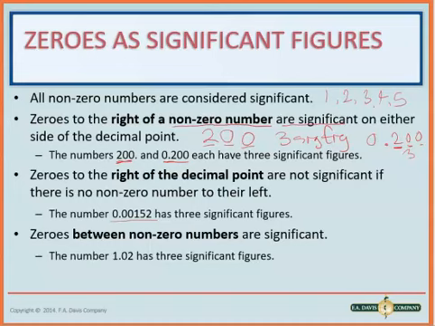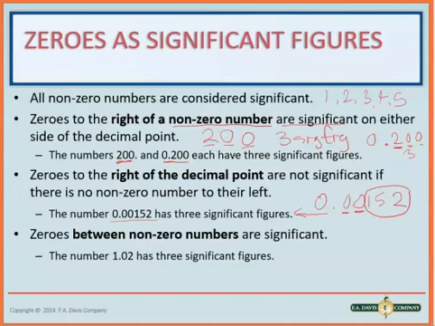We just have another zero. In this number, 0.00152, these 2 zeros to the right of the decimal are not going to be significant because there's no non-zero number to the left. So we end up with 3 significant figures only in this number, because of the 1, 5, and 2. Those are your significant figures.